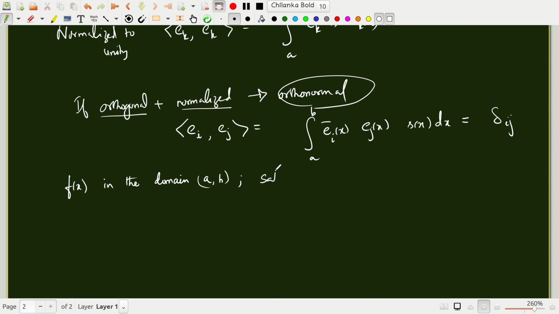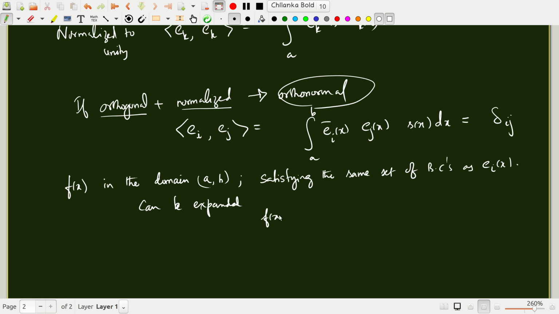Now any function f in the same domain and satisfying the same set of boundary conditions as the e_i's can be expanded in terms of the eigenfunctions as the sum over i equal to 0 to n of f_i e_i of x.